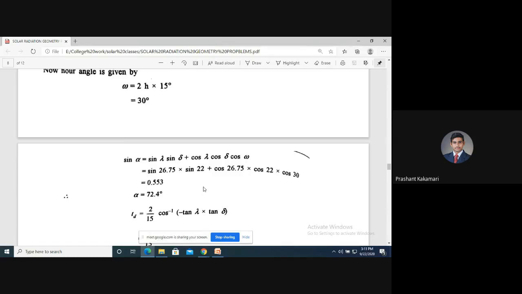Then you can find out the altitude angle by this equation, which we have taken in the discussion, or else you can find out the zenith angle. You can take 90 minus theta z, that also can be found.